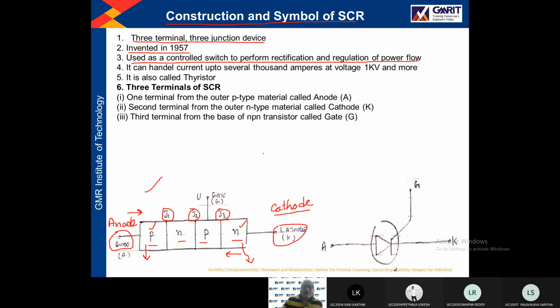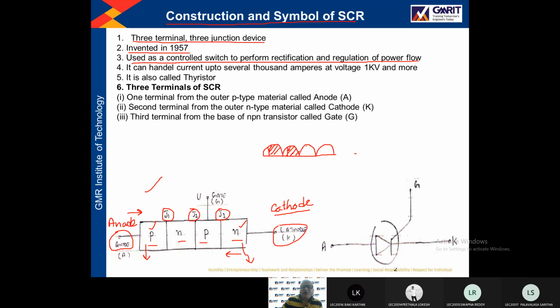Suppose the output of a full wave rectifier without a filter is this, right? Then by using SCR, we can turn on the circuit only for this section.